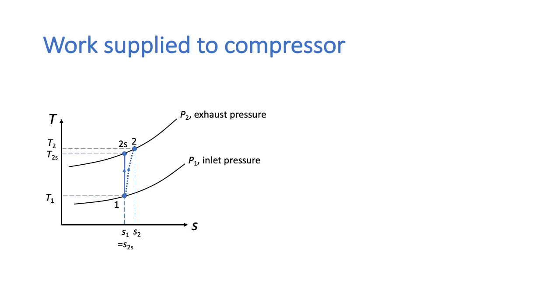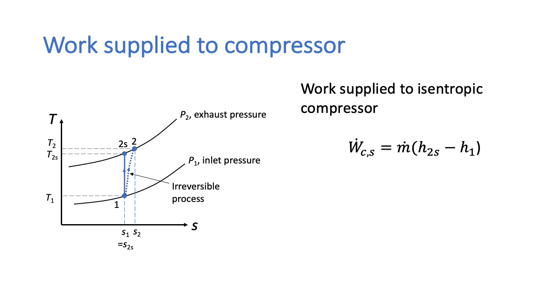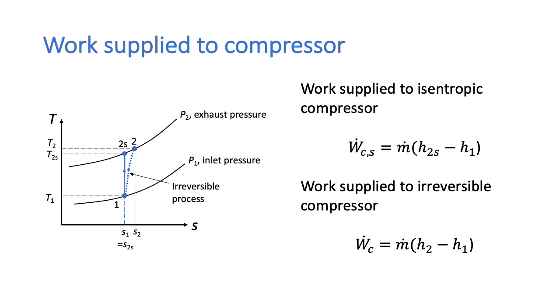This is the compression process for a real compressor, where the process is irreversible. So the final state is S2, where the entropy is greater than S1. The final temperature is T2, which is higher than T2S. The work supplied to the isentropic compressor, W dot C,S is m dot times H2S minus H1.